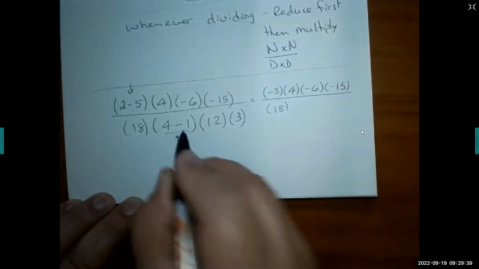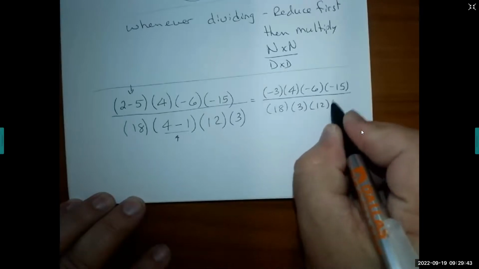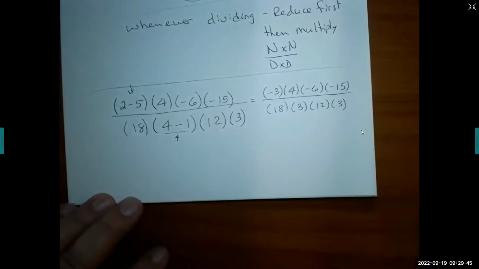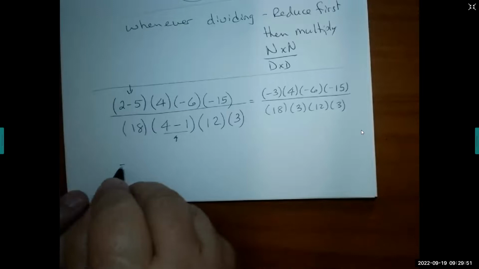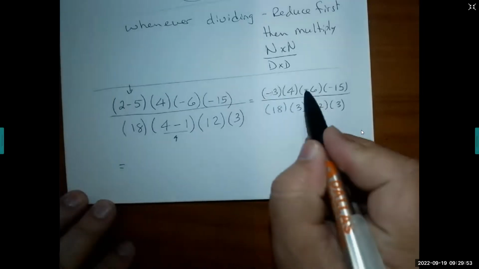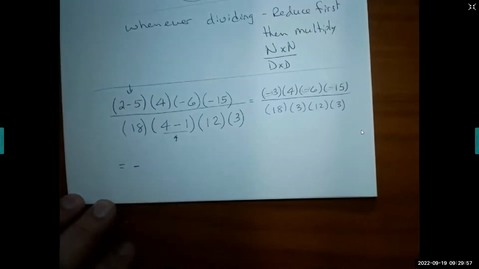And then this one, 4 minus 1 is 3. Okay, now you can tell me, is the answer going to be positive or negative? We have 1, 2, 3. It's an odd number, so the answer is going to be negative.